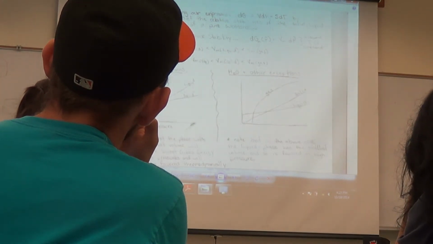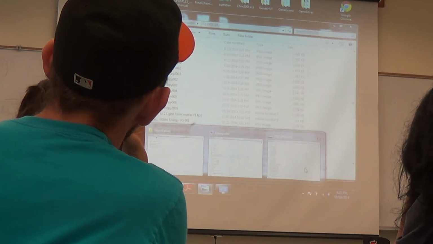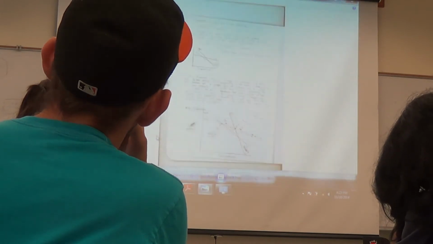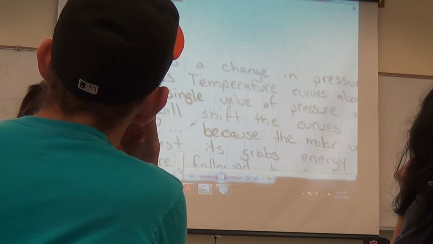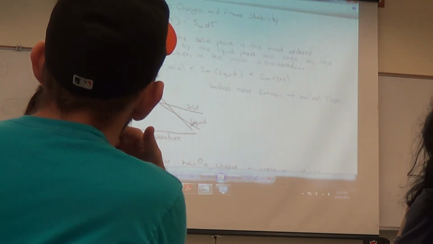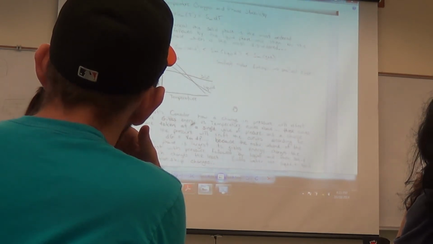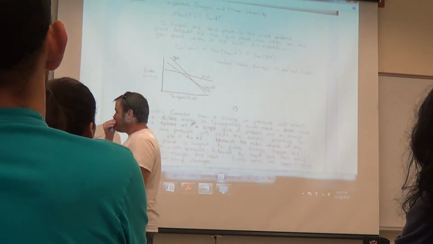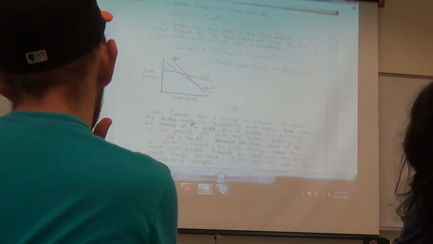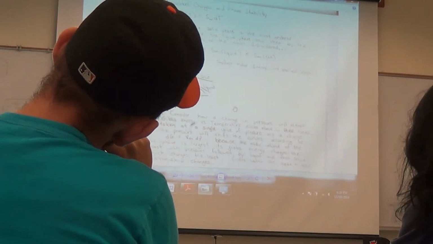Now we're going to look at temperature. So when we're looking at these graphs, we look essentially from the same perspective, except now you'll notice that the slopes of the curves are negative, and that's because we've got this negative sign in front of the S, right?